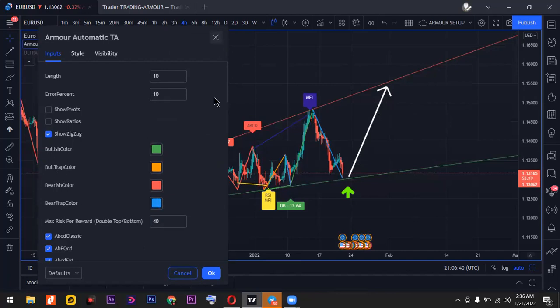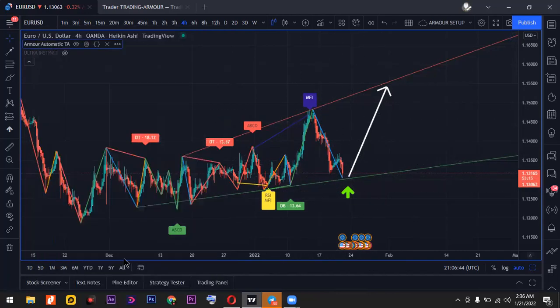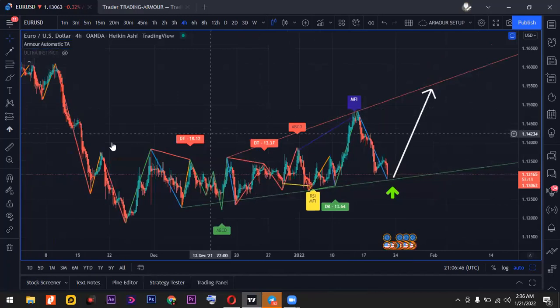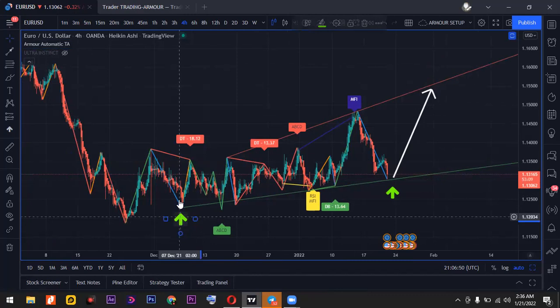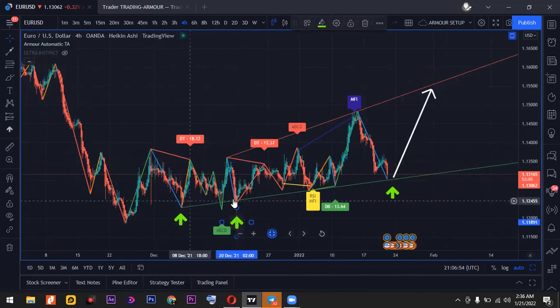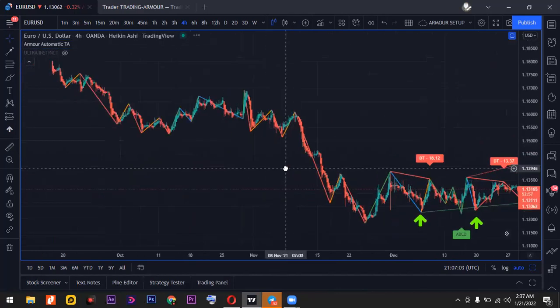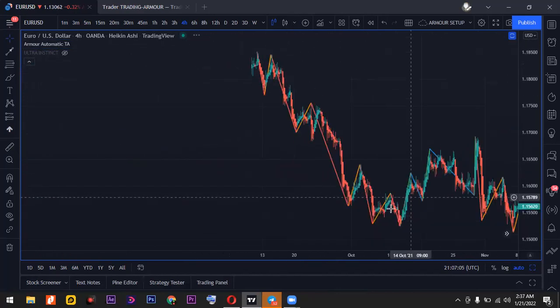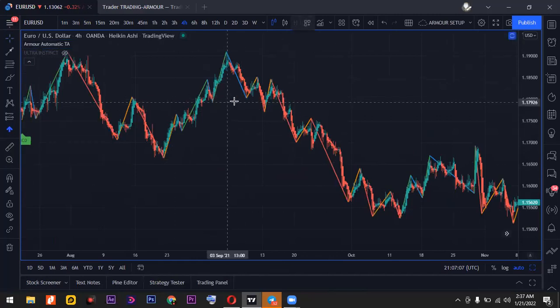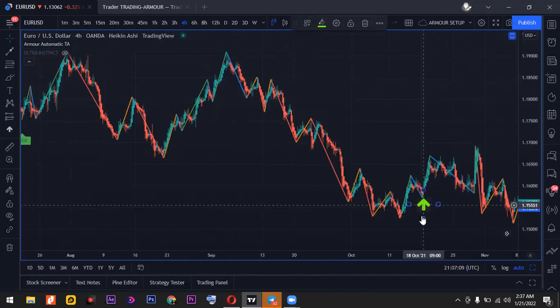So let me show you how this blue bear trap works. Whenever you see the blue line, expect a pump coming soon. Look at the blue line here, pump after that. Blue line, after the support hit, pump. Again, after the support hit, pump to the upside. Let's go to the history a little bit. Here, blue line, pump.